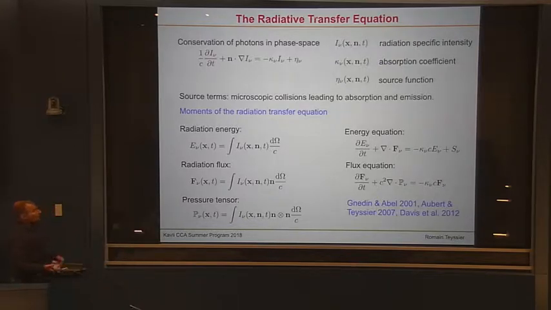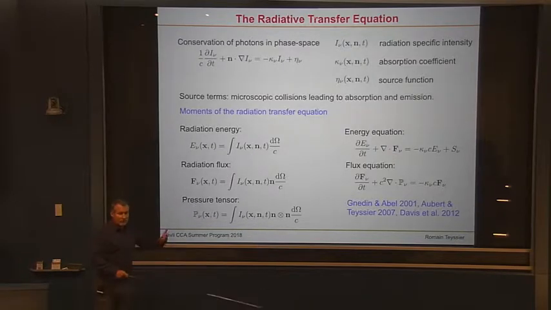Okay, so one interesting approach here is, instead of trying to solve this directly in phase space, which is what you're doing if you want to solve directly the radiative transfer equation, you can use the moments of the radiative transfer equation, except that now the moments are not over velocity space, they are over angular space.